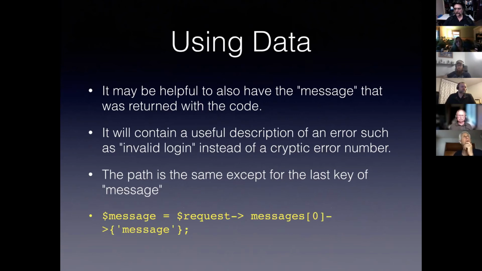And I think it's also helpful to pull out the message that goes along with the code. That just keeps you from having to do a Google search on what that weird error code was. It might tell you something like SMTP error or invalid user or invalid logins, something like that.